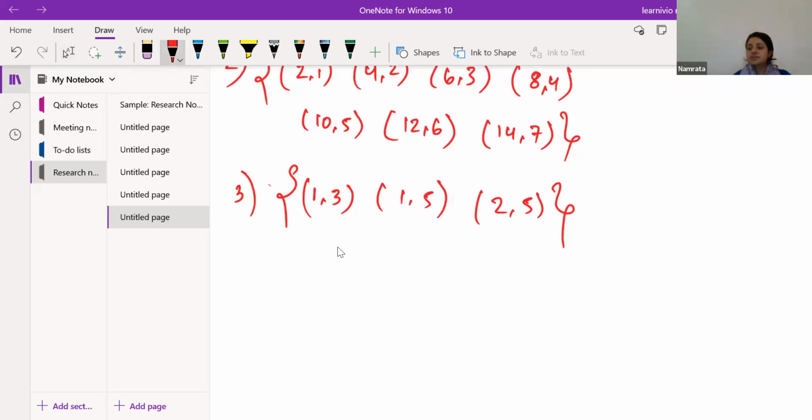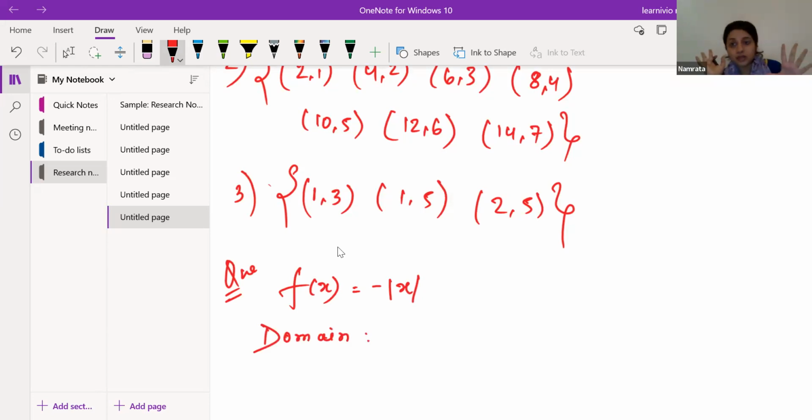Now the next one is: find the domain of f of x equals minus mod x. We have to find the domain and range. Domain is what? Now we have to think about the whole real numbers.